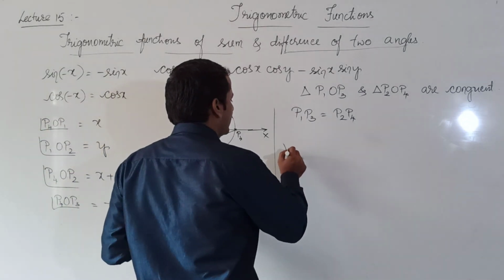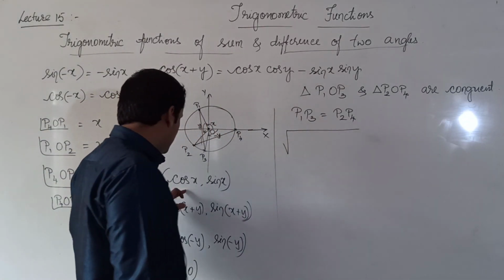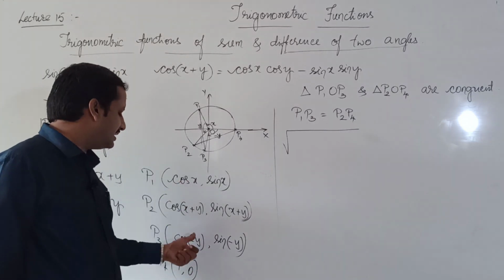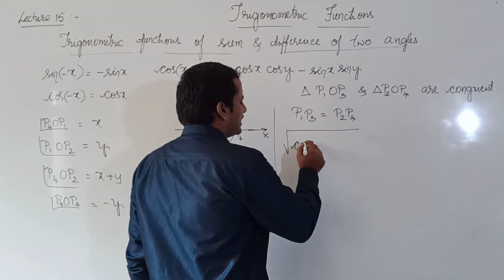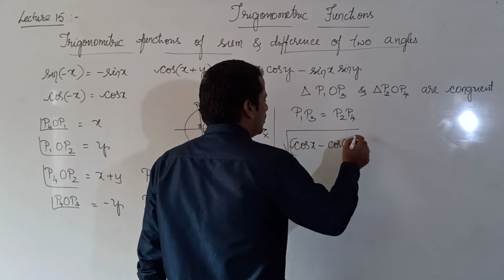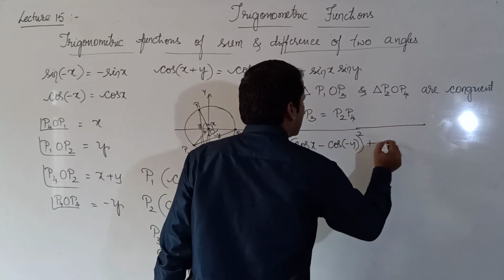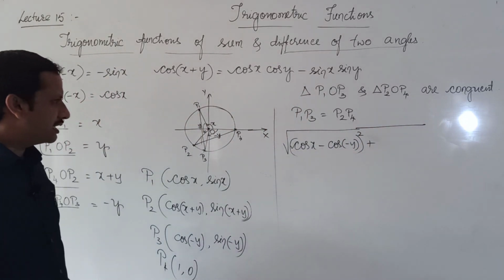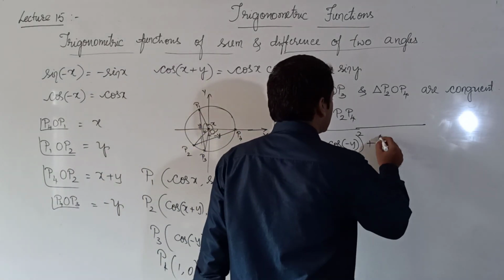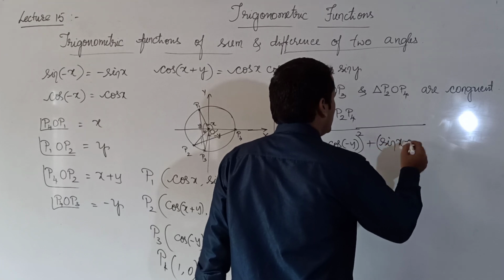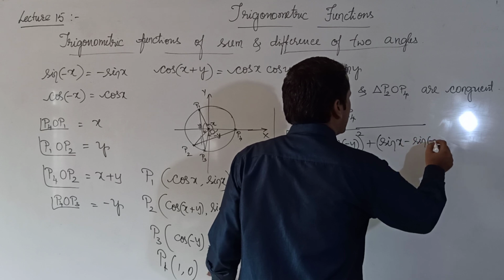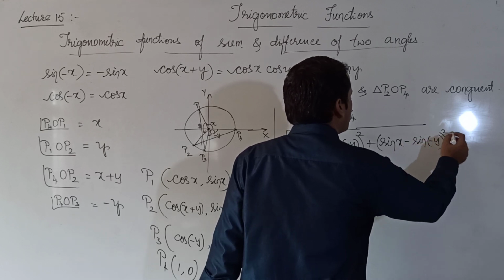You can imagine this as x1 y1 and x2 y2. So what do you get? Square root of (cos x minus cos of minus y) whole square plus (sin x minus sin of minus y) whole square.